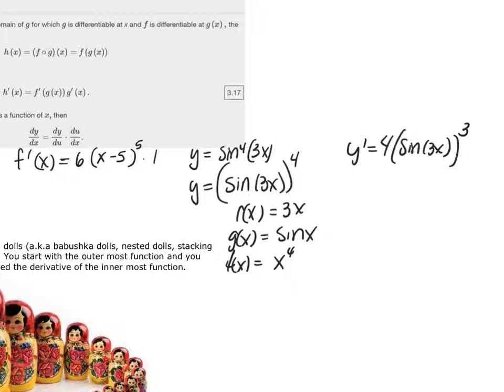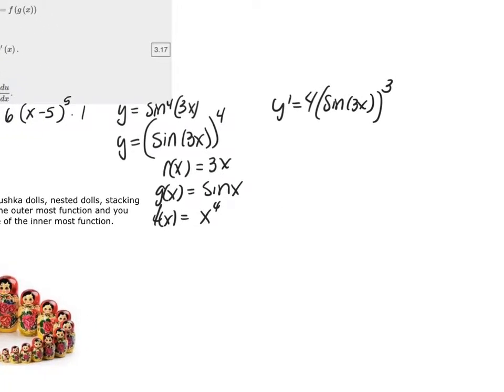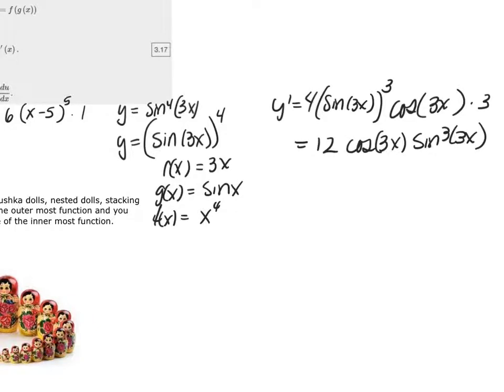Well, what's the derivative of sine x? So it's cosine of, well, notice how I left a blank there because I need to put that 3x back in there. And then I need to do the derivative of 3x. What's the derivative of 3x? So my final answer is 12 cosine 3x sine cubed 3x. And that's the chain rule, and I had to do it 3 times to get to my most inner function.